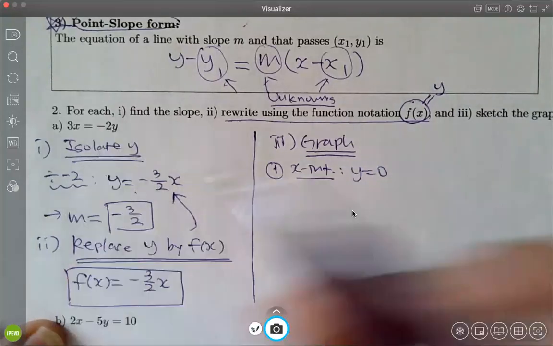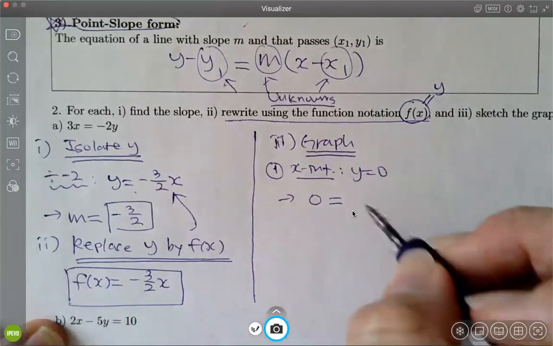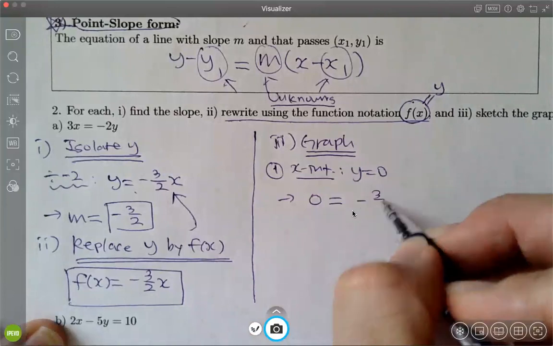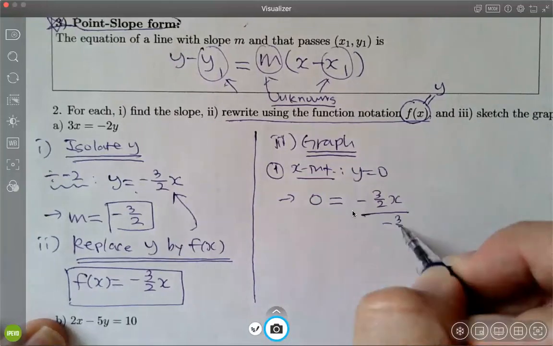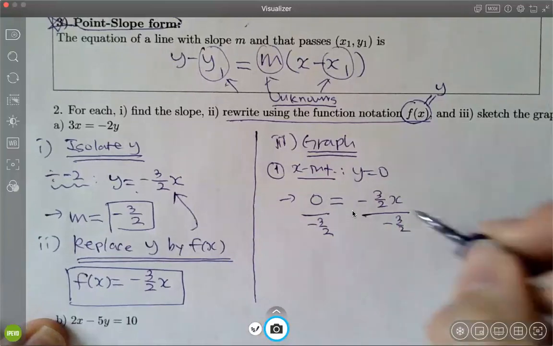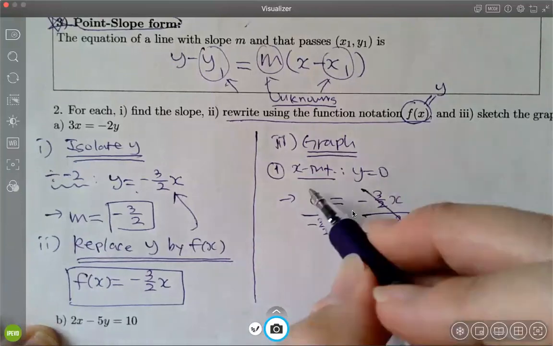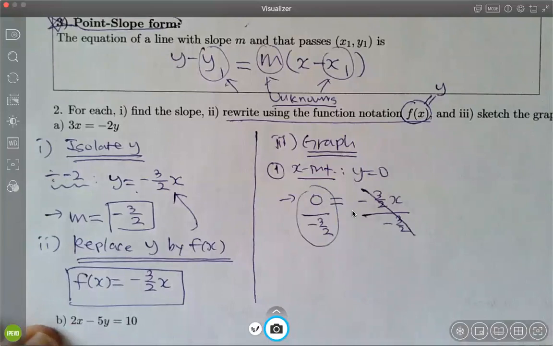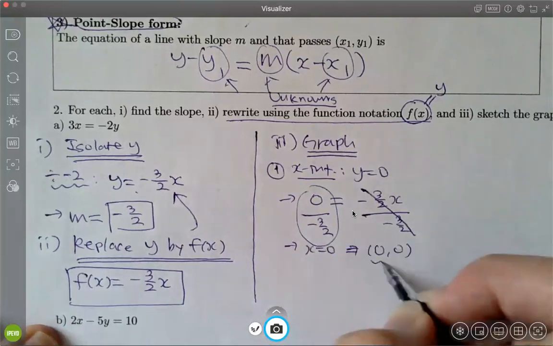But no matter what, what do you get? 0 equals -3/2 x. And now what do you do? Divide by -3/2, so these two numbers cancel. And what is 0 over -3/2? 0. So x is equal to 0, so what does that mean? It has 0, 0 as the x-intercept.